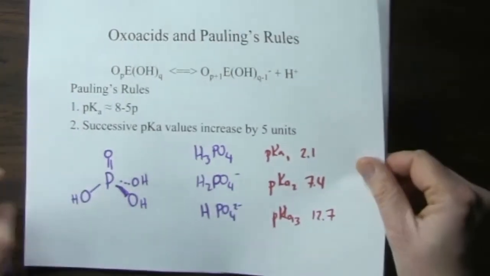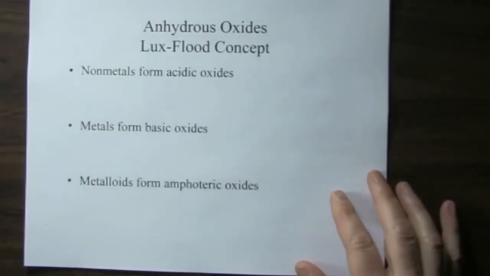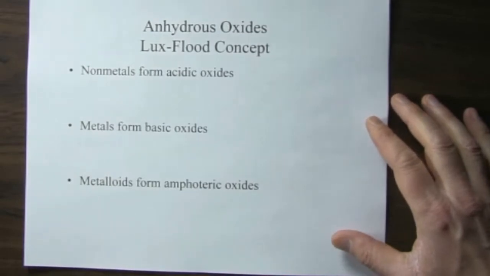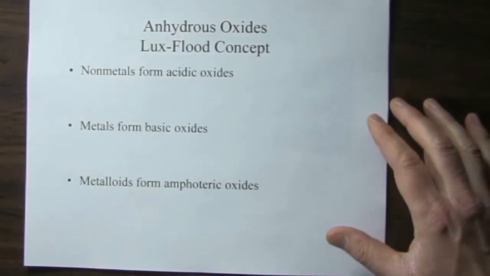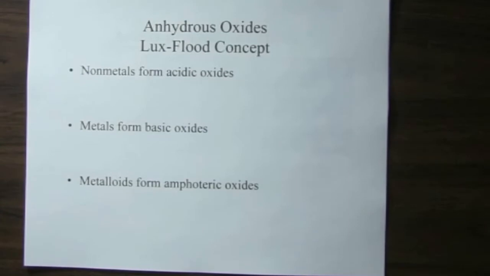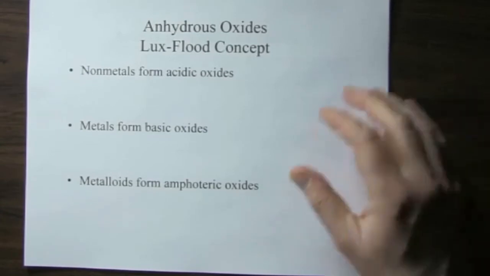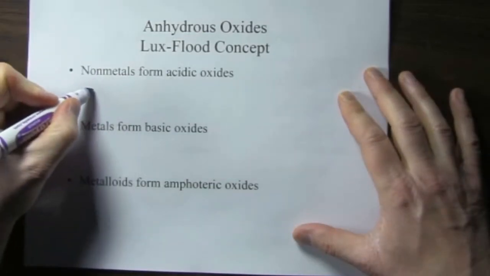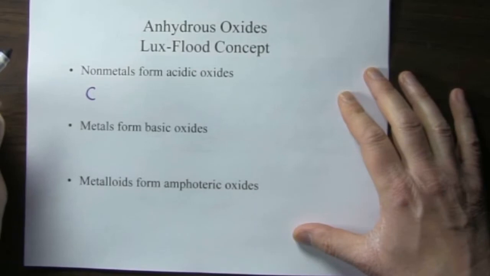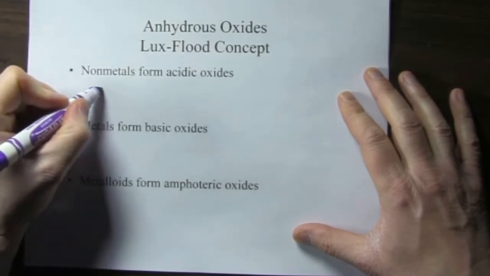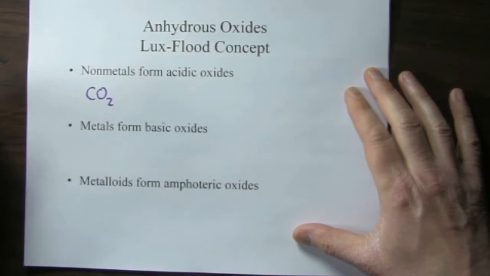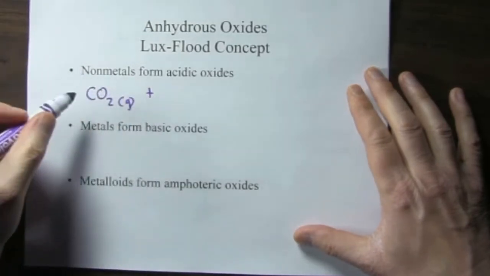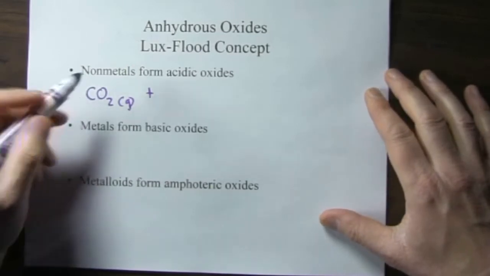Now, I promised you that we would look at non-protic systems or non-aqueous systems. So let's look at the anhydrous oxides. With anhydrous oxides, the nonmetals tend to form acids. So for example, if we take carbon and make an oxide of that, say carbon dioxide, this is of course a gas, but if we react this with water, we can see that this is actually an acidic compound.